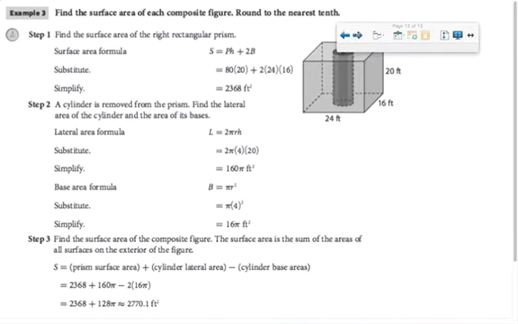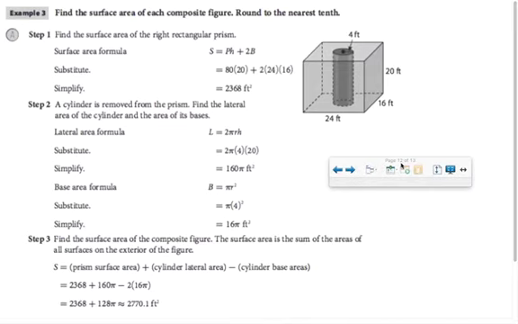Finally, we're looking at composite figures now. So be very mindful that if you recall, when we were doing volume and we took a hole out of a figure, we ended up subtracting the volume. But when we're talking about surface area, having a hole in a figure actually adds a surface.